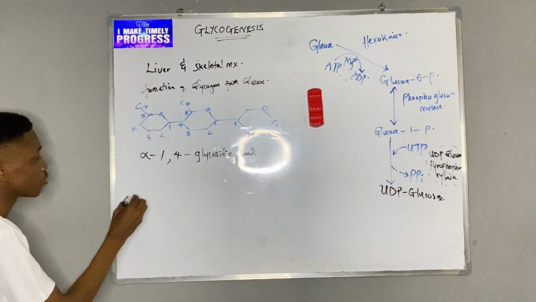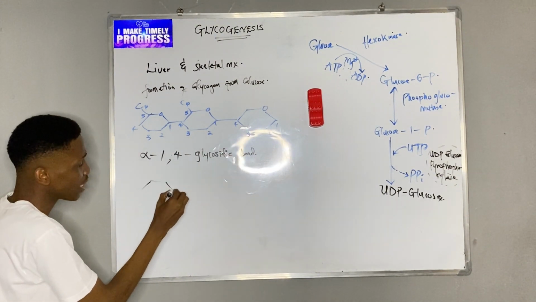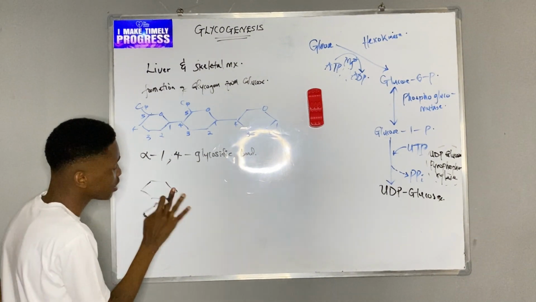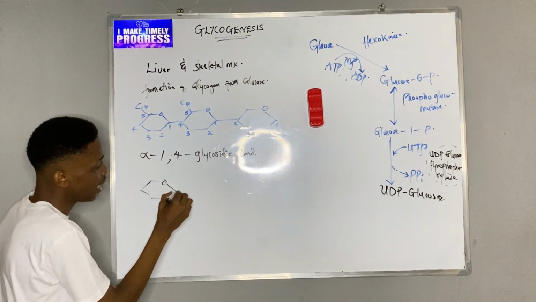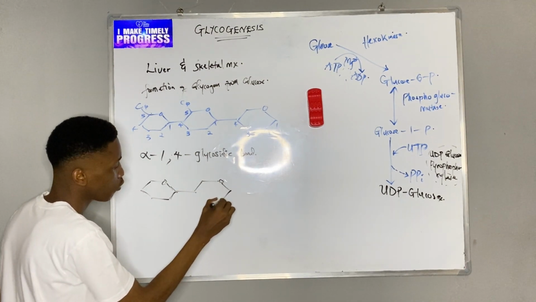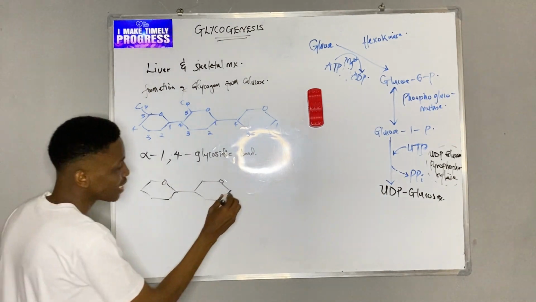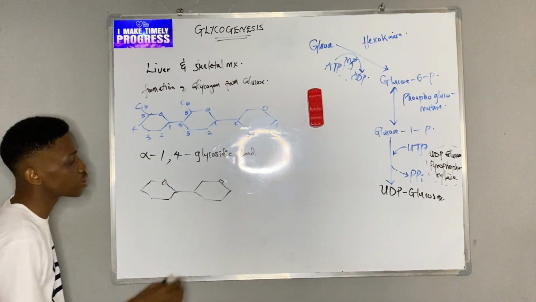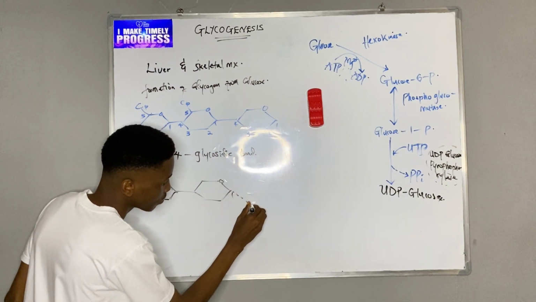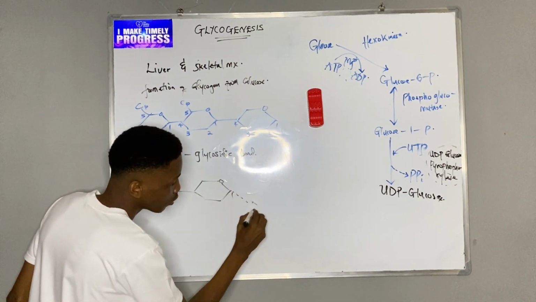Whereas when I go to glycogen, the nice thing about glycogen is that while glycogen has these straight chain structures, which is alpha 1, 4 glycosidic bond, at the same time, there is a bond between 1 and 6. So let me draw another guy here.